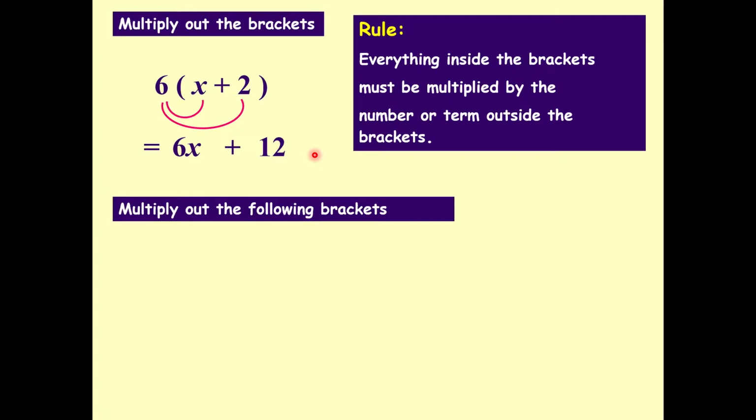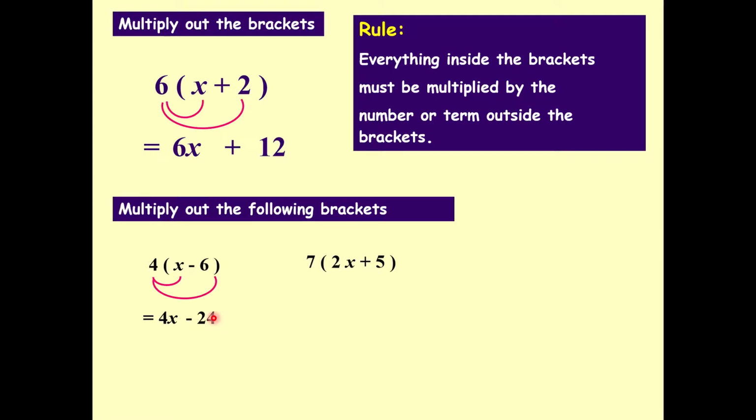Okay, some more examples. You could have a subtraction in the middle of your brackets, but it's the same process. So 4 times x gives you 4x, and 4 times negative 6, because whatever is in front of that number is stuck with it, gives you negative 24. So our full answer is 4x subtract 24.